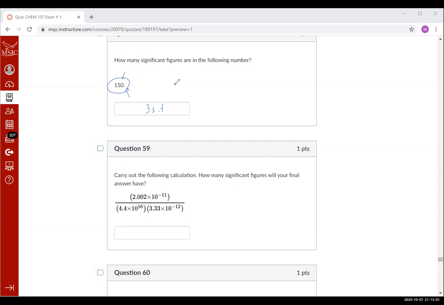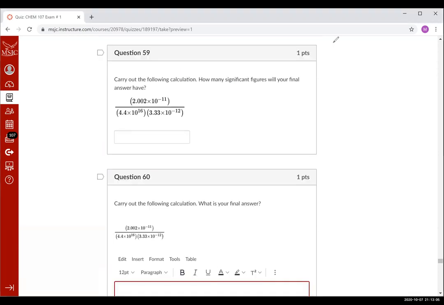Okay, so let's look at this next case. We're asked to carry out the following calculation. So thinking about multiplication and division, we care about the least number of sig figs, which is 2 sig figs. So our final answer will have 2 sig figs.